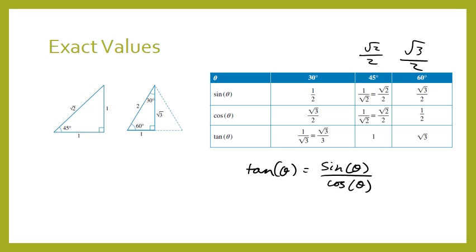The other way of remembering this is there are two triangles that you can remember. One's an equilateral triangle, which is this one, then you cut it in half. The other one is an isosceles triangle with that side and that side being equal.